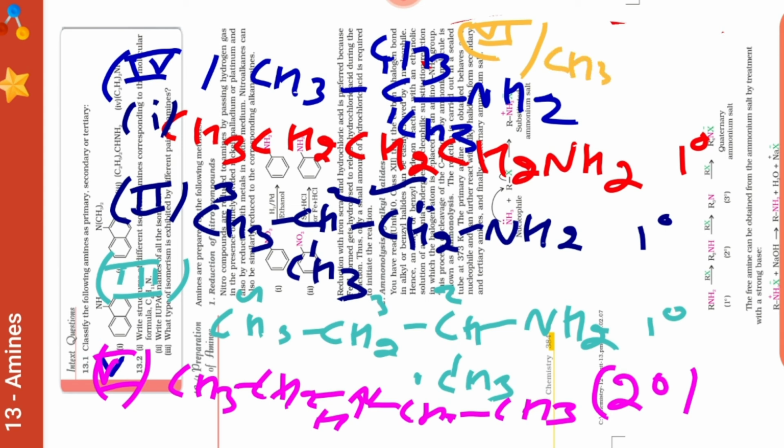CH3, CH2, CH2, then NH, CH3. NHCH3. This is called N-methyl propane 1-amine. This is also a secondary amine. This is number 6. Same way, but 2 more are possible.